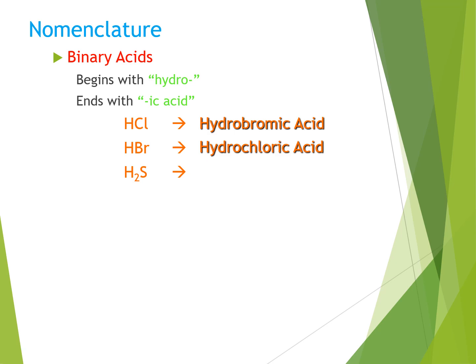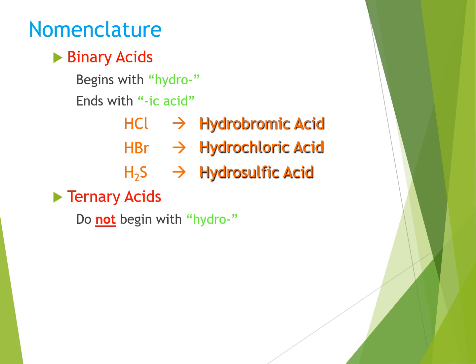Try the last one. Pause for a second. Looking back, here we have hydrosulfic, or if you had hydrosulfuric, that is perfectly fine. Notice you don't have to say dihydro or anything like that. It's just a compound with some loose hydrogen.